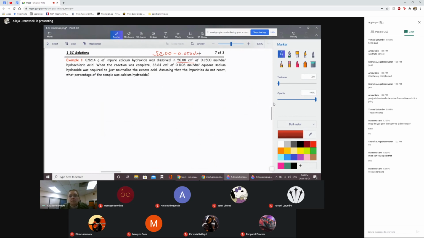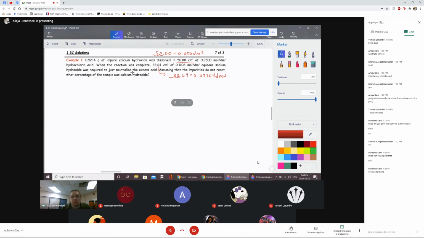Okay. So I have 50 cubic centimeters of 0.25 mole per liter hydrochloric acid. When the reaction was complete, 33.64 cubic centimeters of 0.1108 mole per liter aqueous sodium hydroxide was required to just neutralize the excess acid.